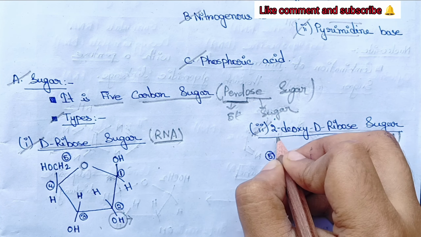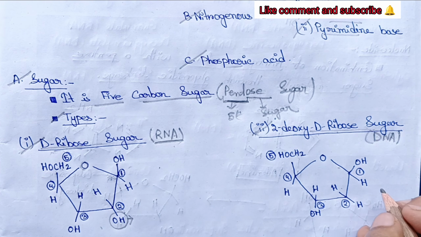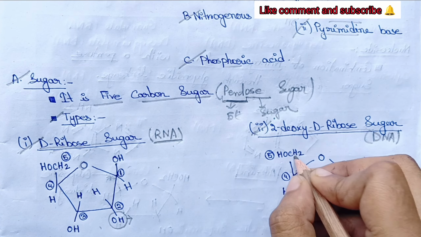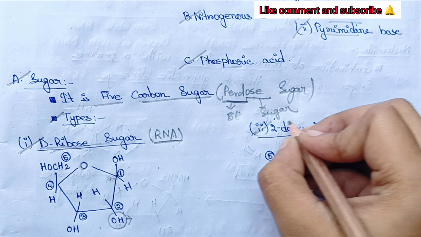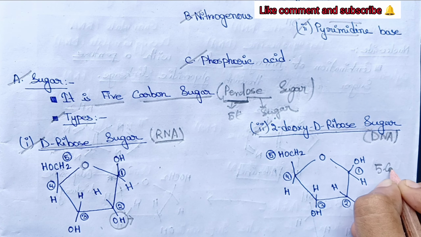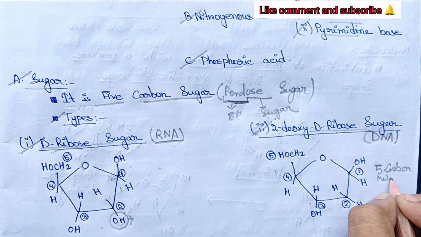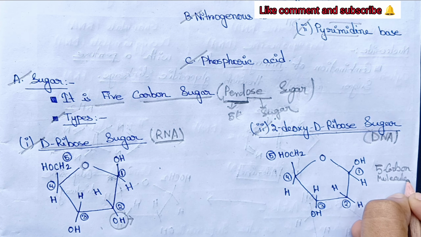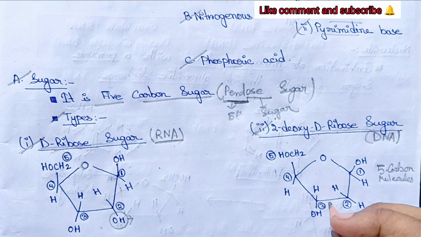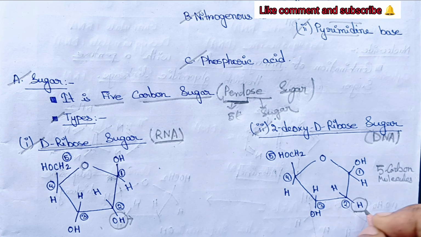And the second, 2-deoxyribose sugar: here you can see 1, 2, 3, 4 and 5 carbon atoms, and here there is only an H group.